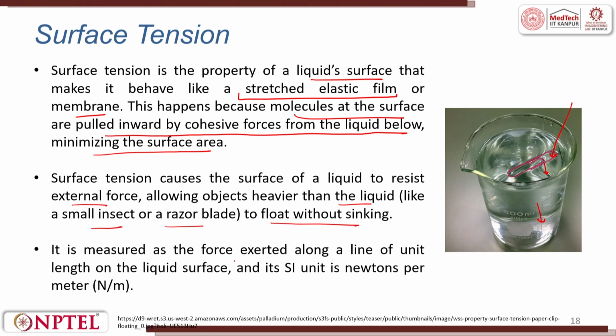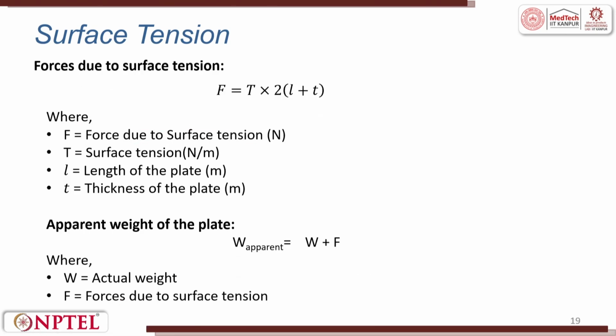It is measured as the force exerted along a line of unit length on the liquid surface, and the SI unit is force per unit length, that is Newton per meter. To put the relations here, F is equal to T times 2 into L plus T, where T is surface tension.